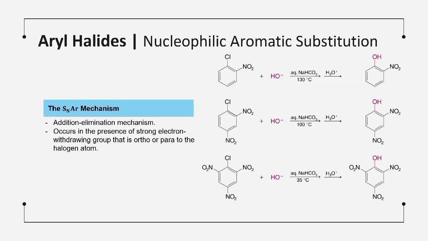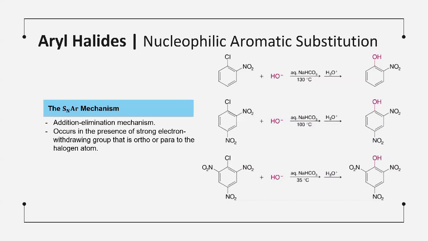This occurs in the presence of a strong electron-withdrawing group that is ortho or para to the halogen atom. This makes it more susceptible to nucleophilic attacks since yung strong electron-withdrawing group will withdraw electron density away from the ring, making it more electrophilic.